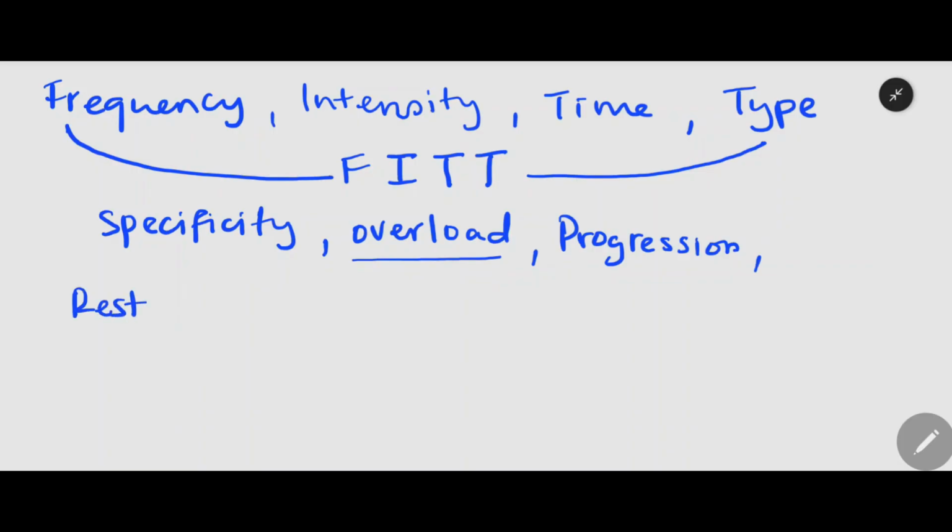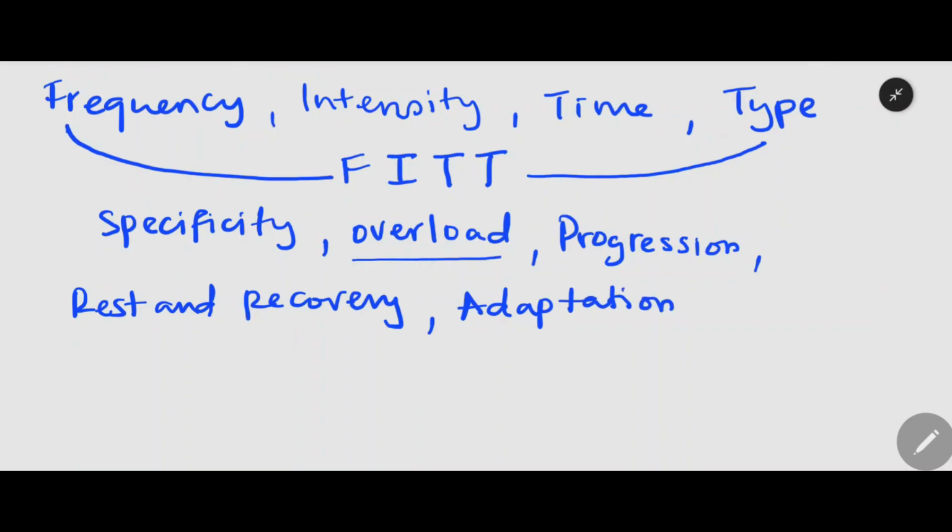We also have rest and recovery, which is pretty self-explanatory. Just putting time apart to let the body repair, the muscles, the tendons, the nervous system. And this helps to reduce fatigue and it prepares you to actually go and train again. And we have adaptation.